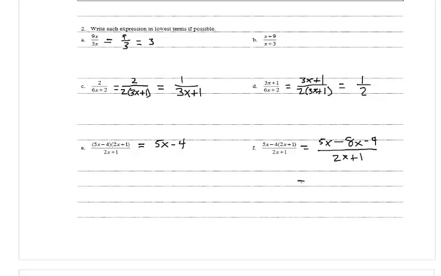And when I simplify, I get negative 3x minus 4 divided by 2x plus 1. And both of these are factored as far as they can be, and nothing here is like from the numerator and the denominator. So this one is written in its lowest terms.